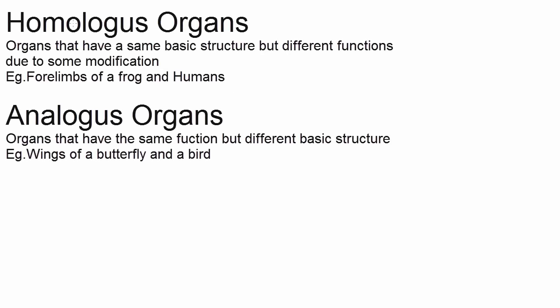Basically, homologous organs are organs having the same basic structure that are modified to perform different functions, and analogous organs are organs that look similar and do the same function but do not have the same origin. I'll write an example of that as well. So yeah.